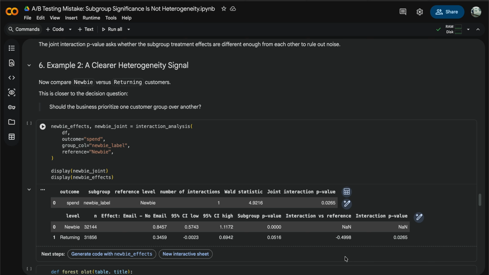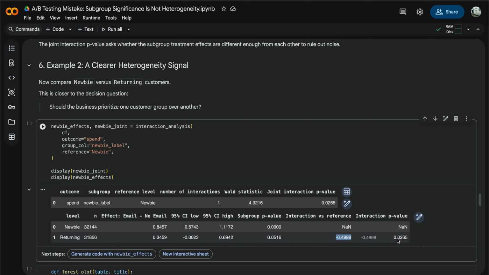If we are explaining to a more technical stakeholder, we can say, compared to the newbie customers, returning customers have an estimated email effect that is about $0.5 lower.